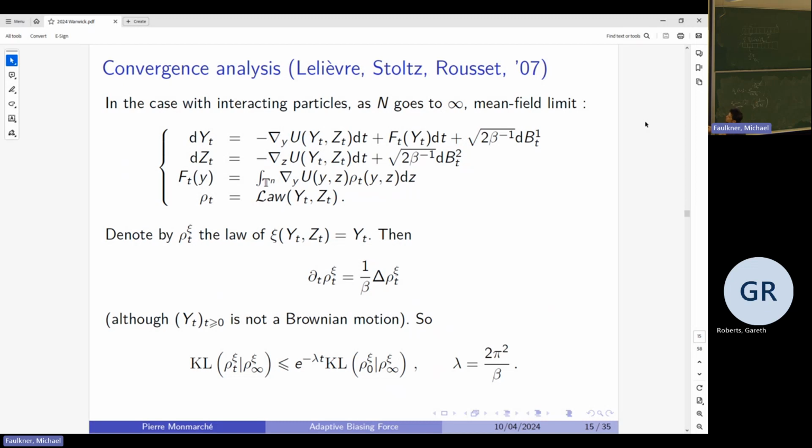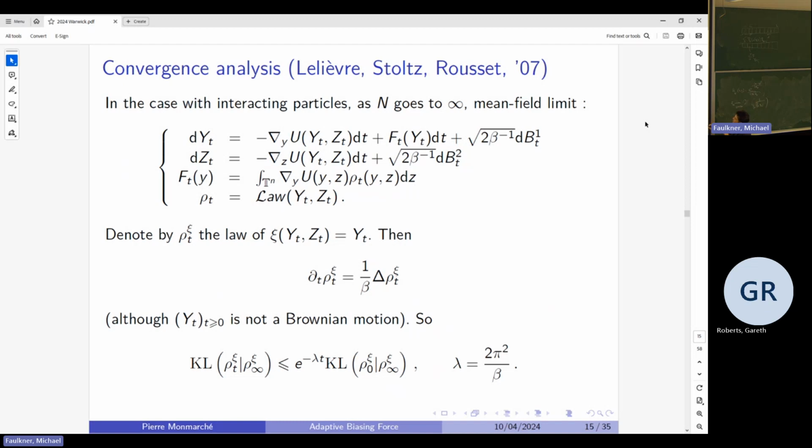The point is that we are in this idealized limit of an infinity of particles, and the very nice thing with this is that if you look at now the marginal law of the first variable, it solves the heat equation. On the torus, again. You don't kill the bias.